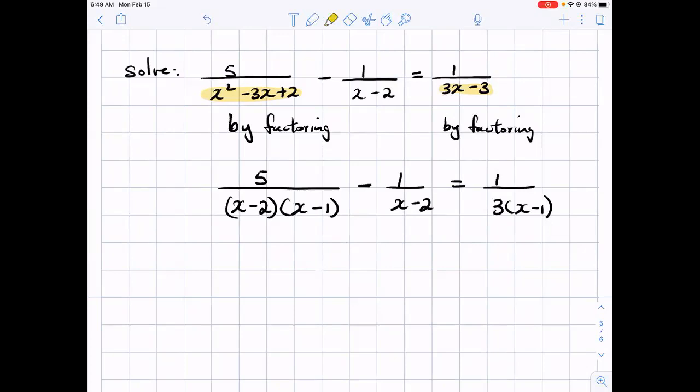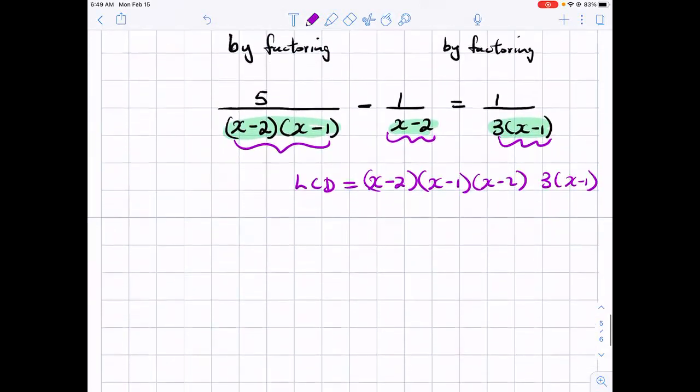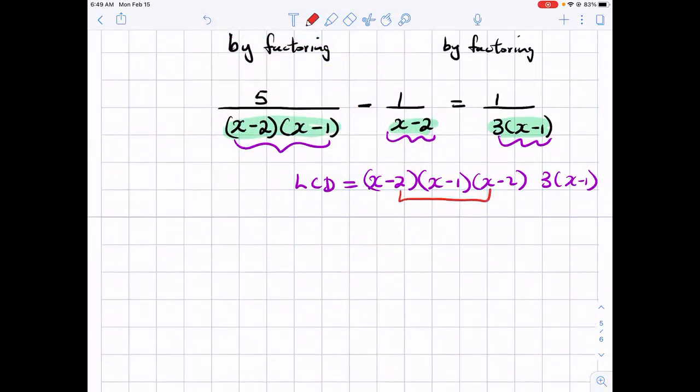Now that my denominators are fully factored, I can find the lowest common denominator. It will start out with x minus 2, x minus 1. Then we move to x minus 2. Then we move to 3 times x minus 1. Notice a few things repeat, and if they repeat, we only need to write them once.